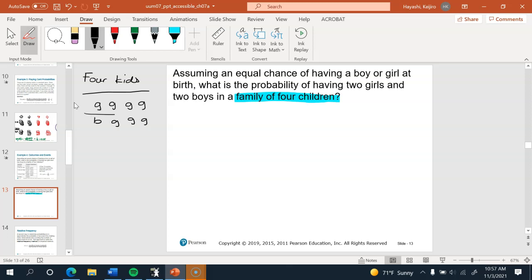You can have one boy. He can be the first kid, the second kid, the third kid, or the last kid. Right? So that's if you have one boy.